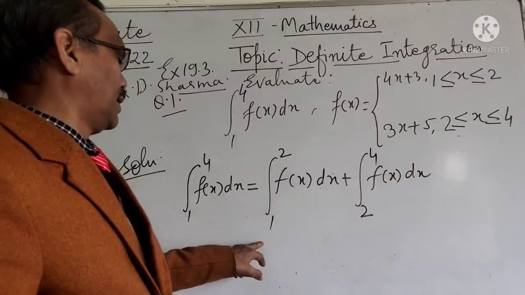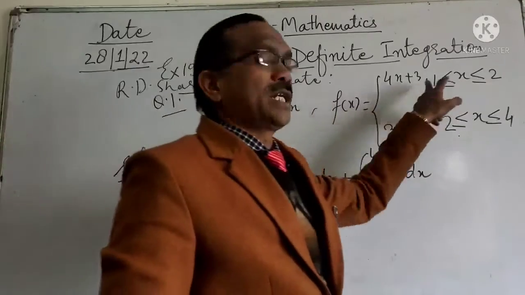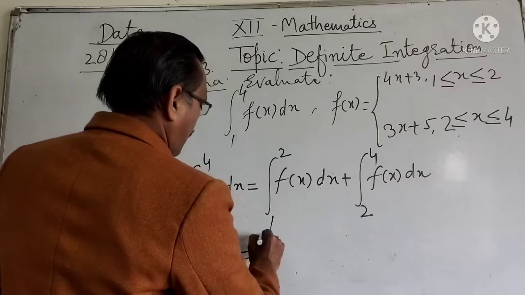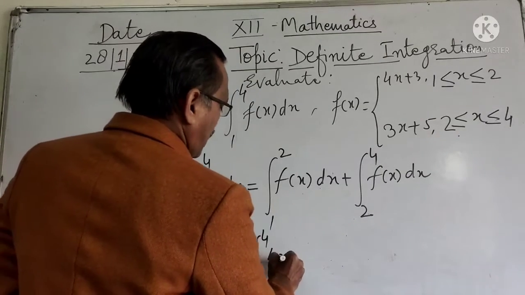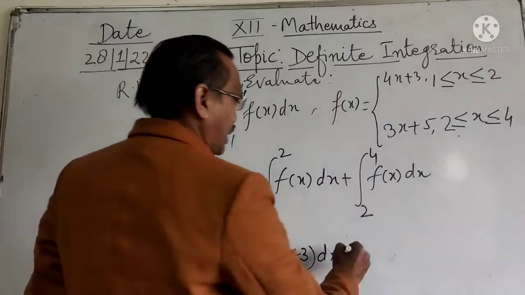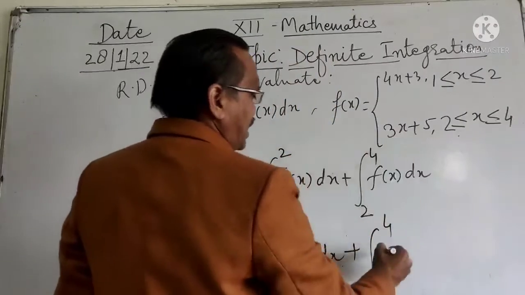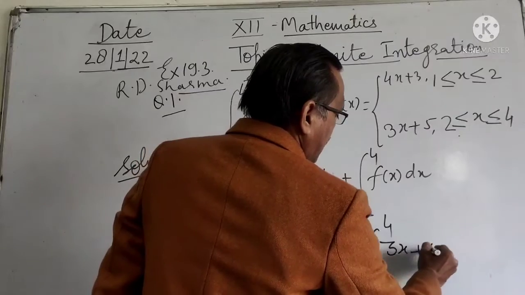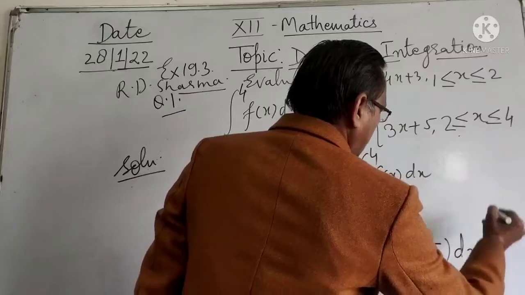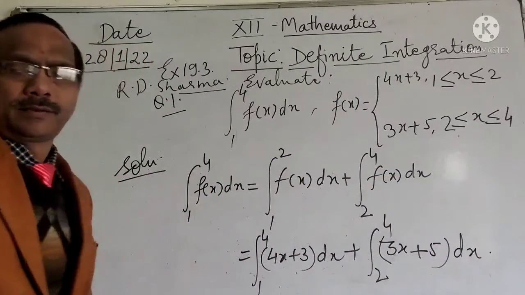When the limit is 1 to 2, then the function is 4x plus 3. So it is 1 to 2, 4x plus 3 dx, plus 2 to 4 and the function is 3x plus 5 dx. Now we will simplify it, then we will apply the limit.